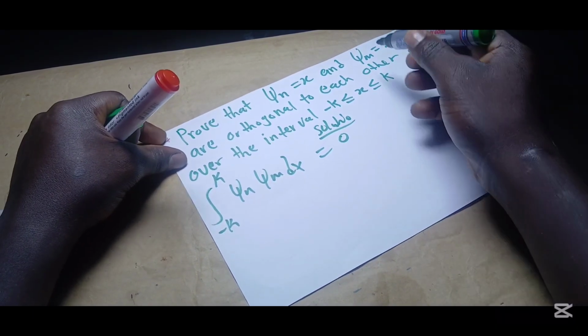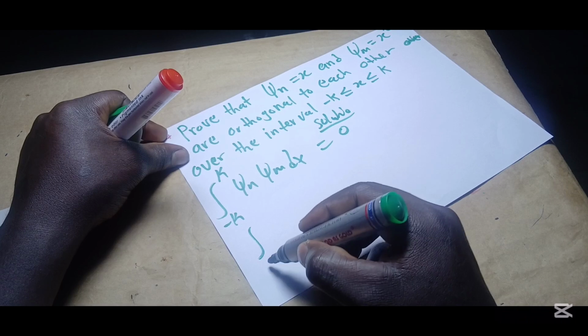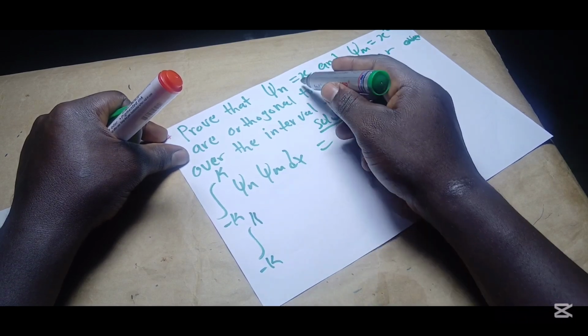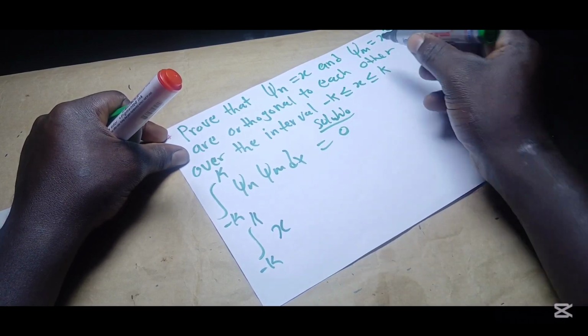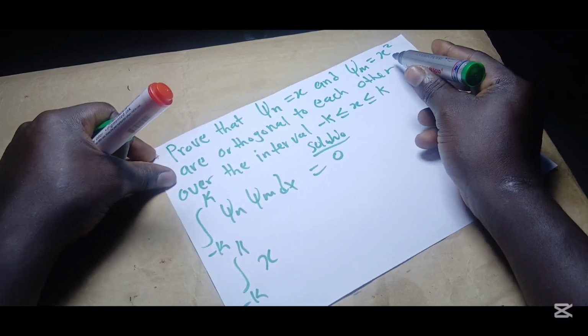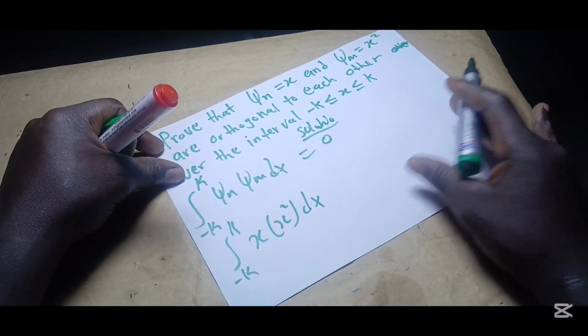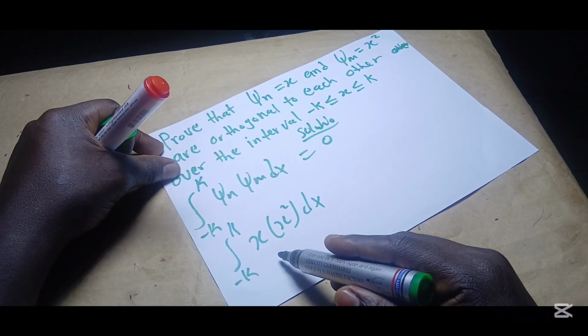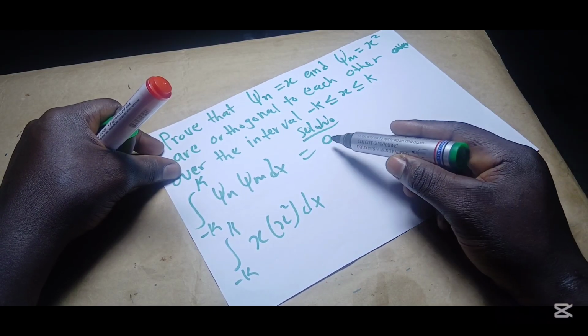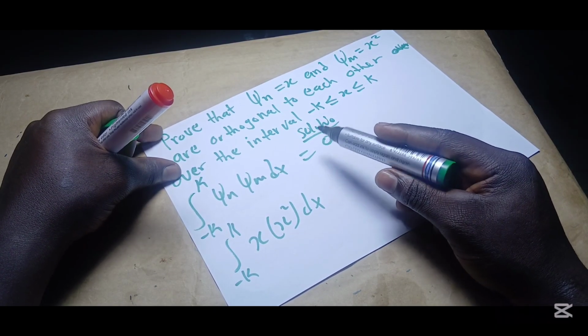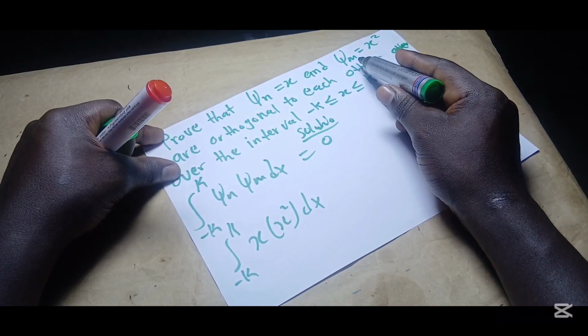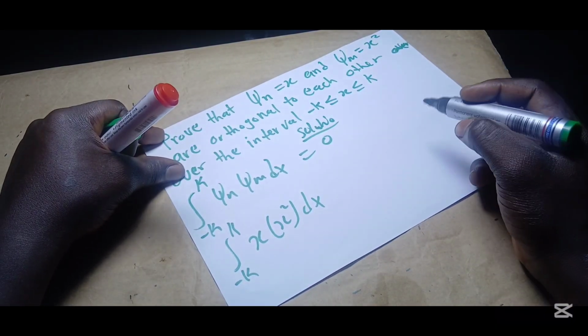So now let's put in psi of n equal to x, and psi of m is x to the power 2. So we have x multiplied by x to the power 2 dx. So we are going to evaluate this to see if the result is 0, then it means the two wave functions psi of n and psi of m are orthogonal to each other. So let's do that.